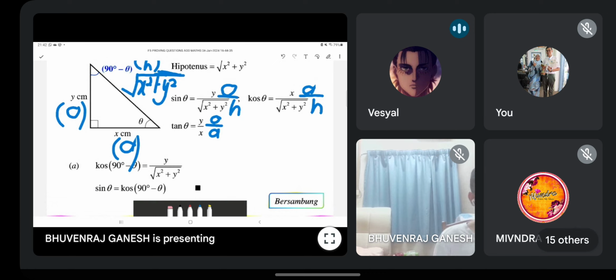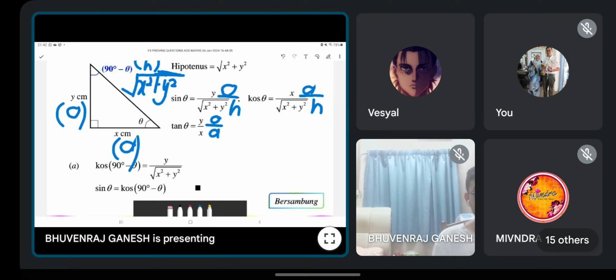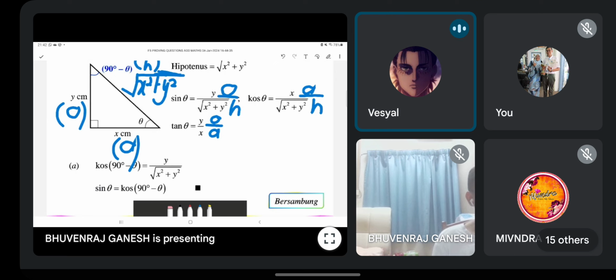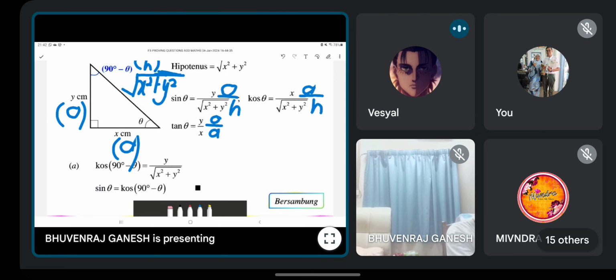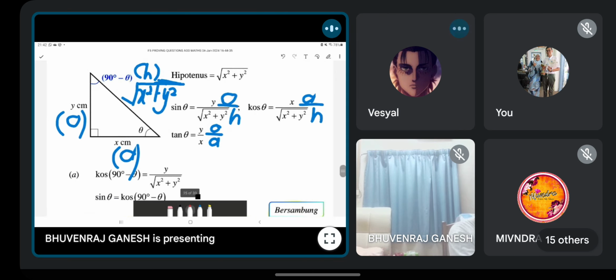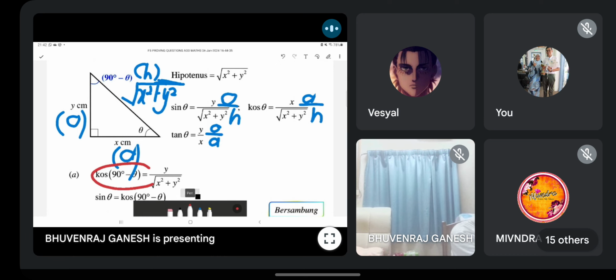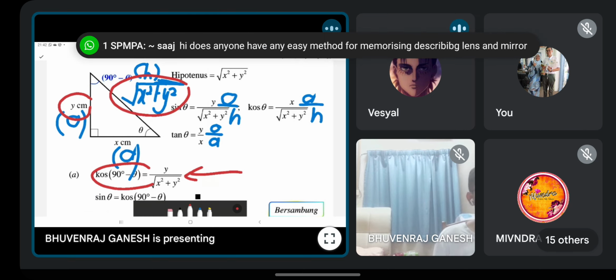Boon, did they skip any working here? No? You can see directly here. Cos 90 minus theta: adjacent y, and then hypotenuse square root of x squared plus y squared. Okay, I see.